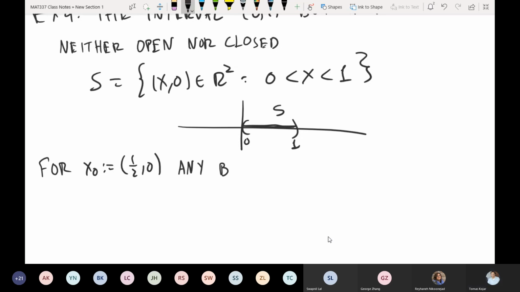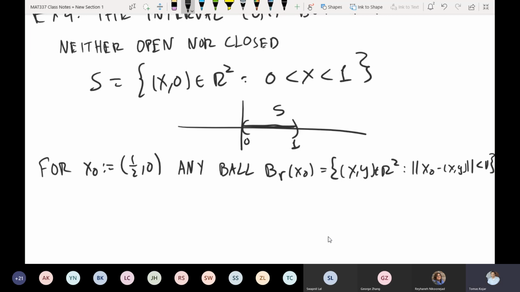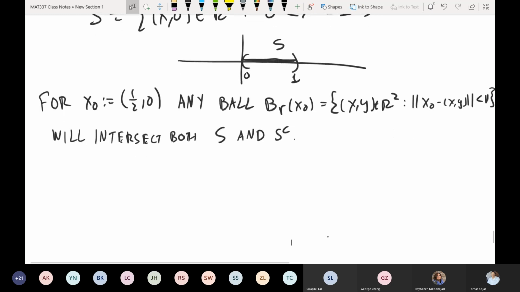Any ball will intersect both S and S complement. So now we're showing why it's not open.